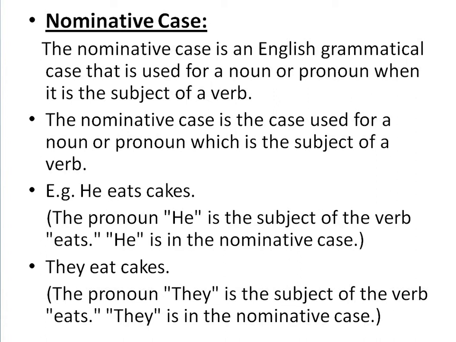The nominative case is an English grammatical case that is used for a noun or pronoun when it is the subject of a verb. So when a noun or a pronoun is used as a subject of a verb, then that noun or pronoun is termed as the nominative case.